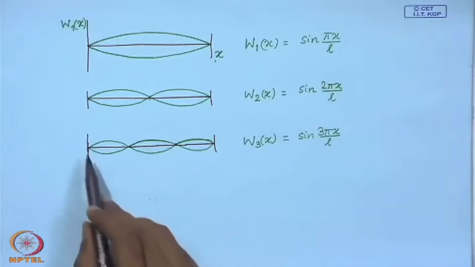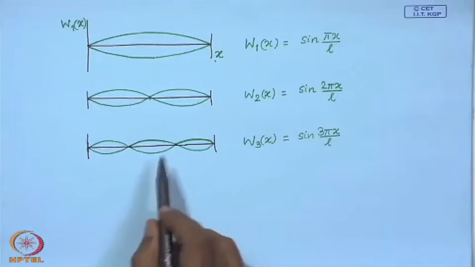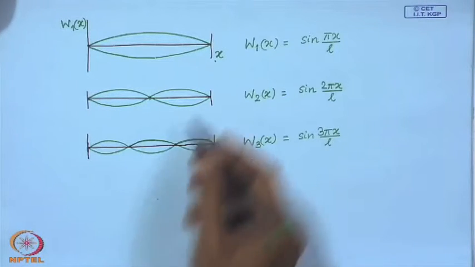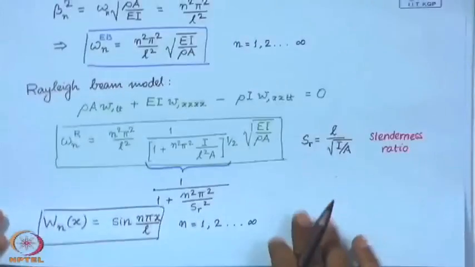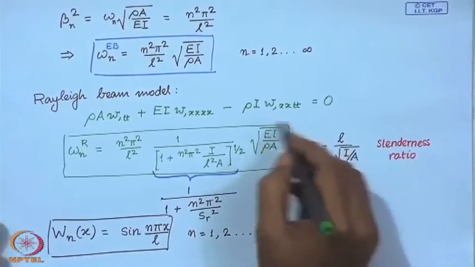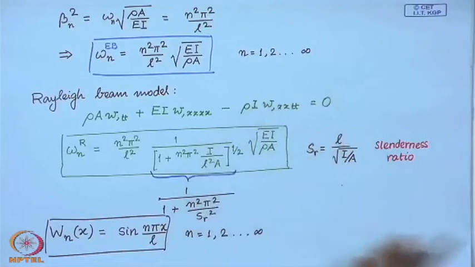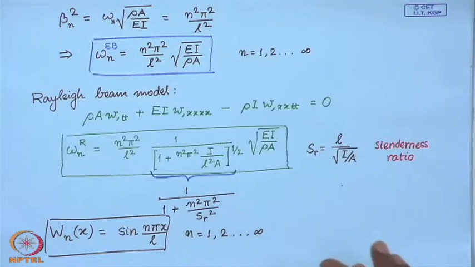So, if you calculate the curvature, then the curvature is increasing. As you go to higher and higher modes, the curvature is increasing, and this rotor inertia term. So, more is the curvature, more is the rotation of this element.